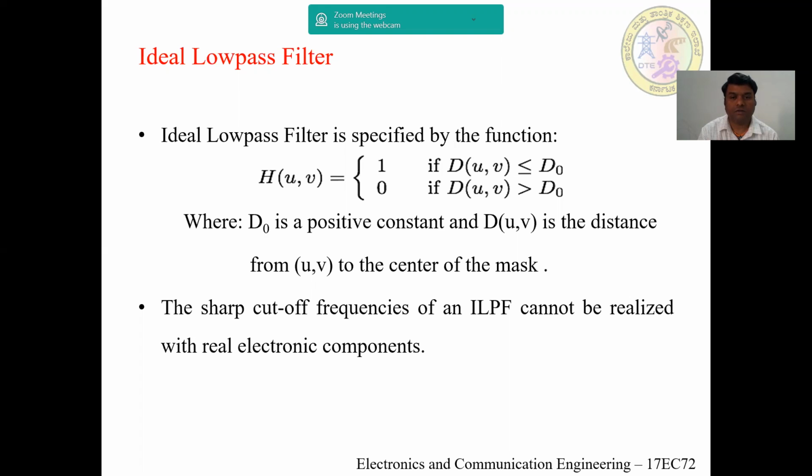The sharp cutoff frequencies of an ideal low-pass filter cannot be realized with real electronic components. That means it allows all the frequencies within the circle of cutoff frequency D0 from the origin. It does not allow the frequencies which are outside the circle. It is called a low-pass filter.